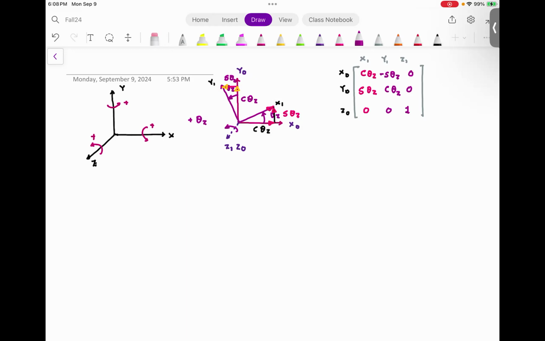This rotation matrix is written as R01. The reason this is written as R01 is because we are going from the 0th frame. This is the old frame. This is the new frame.